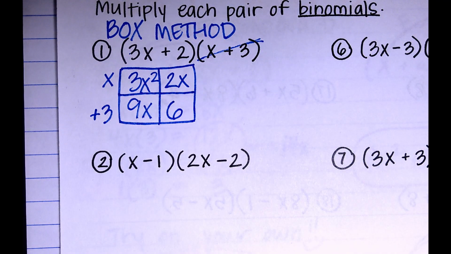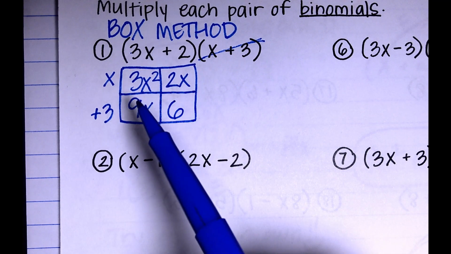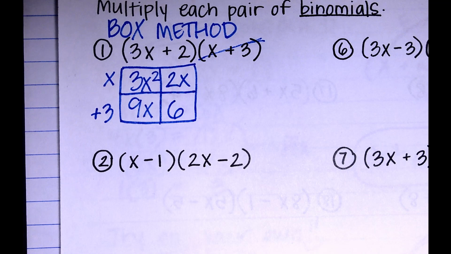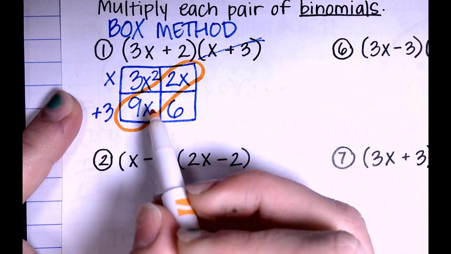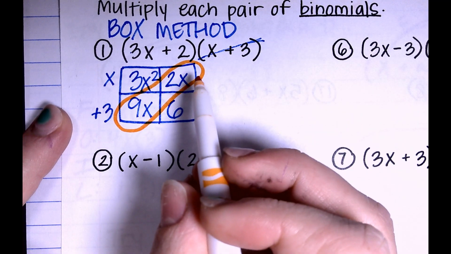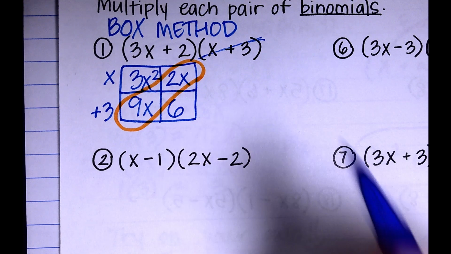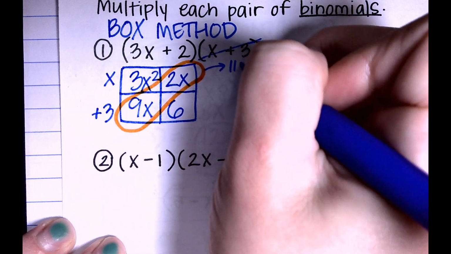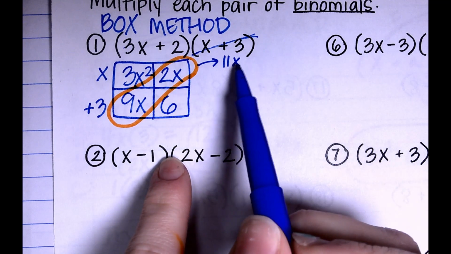Okay. Now you have all your 4 terms. And to combine your like terms, what's kind of fun about the box method is your like terms are always going to be in this diagonal, 9x and 2x. And that is 11x. So 9 plus 2 is 11x.